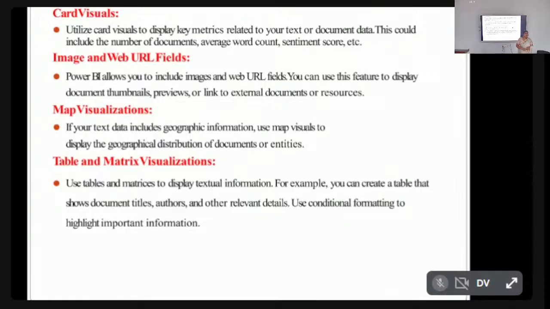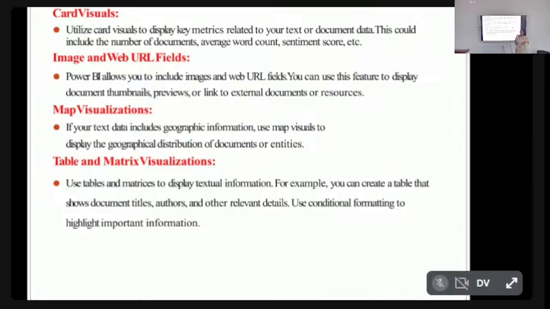Yes, please stop talking. Now write down these examples. Card visuals. Next, map visualization.